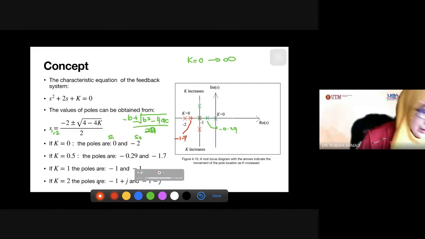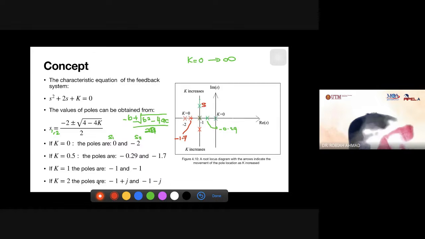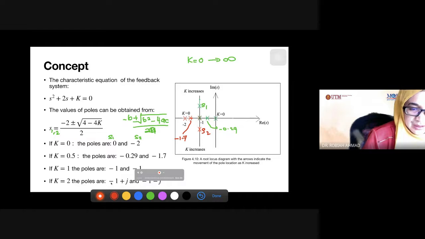Now the poles are, so this is S1 and this is S2. So if we look here, the first one will be minus 1 plus J, which is here.